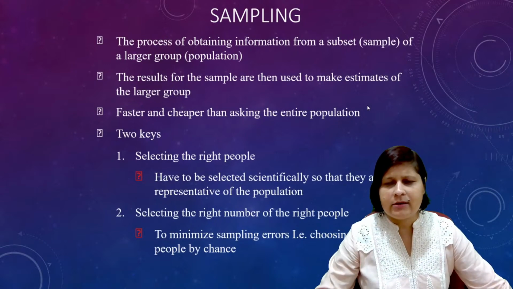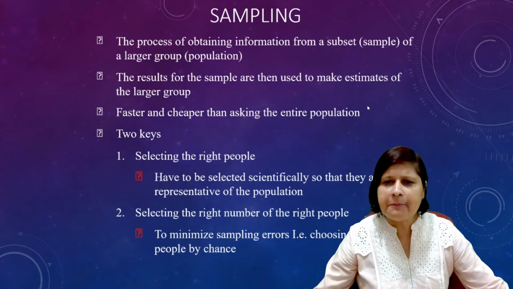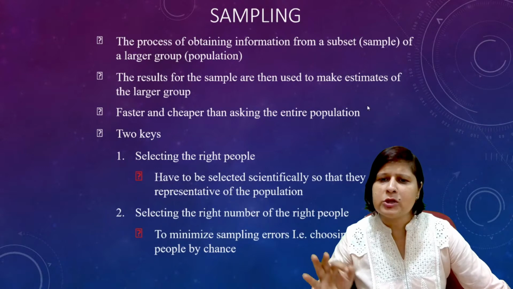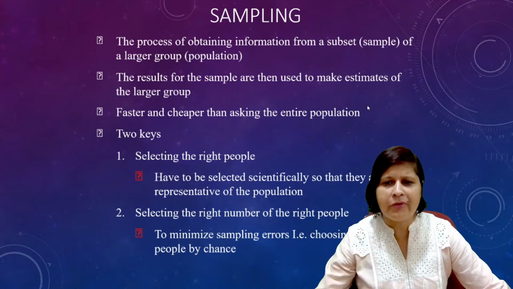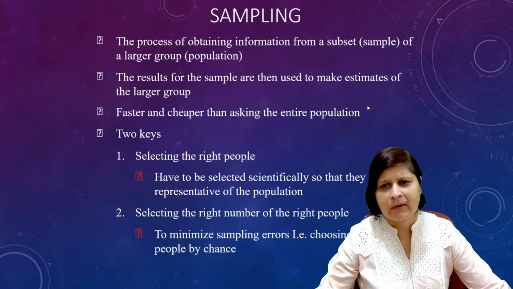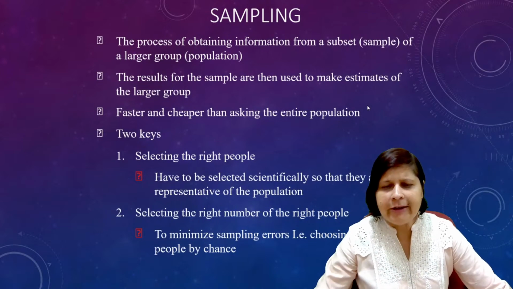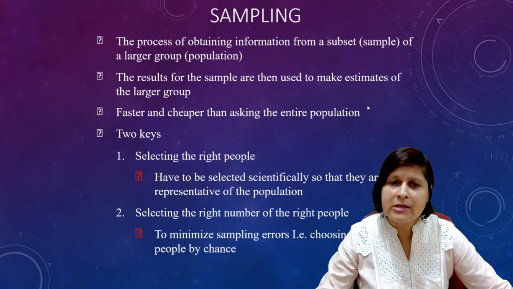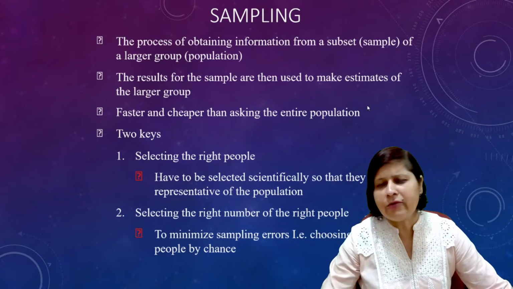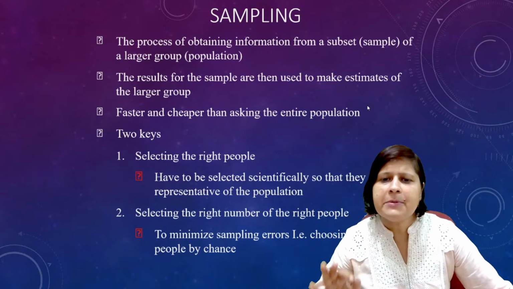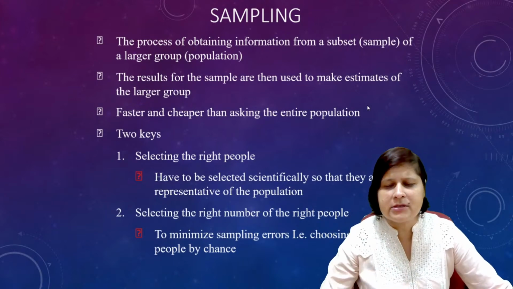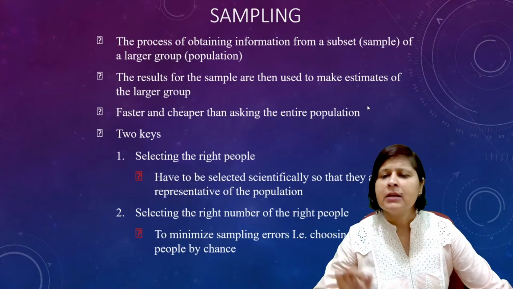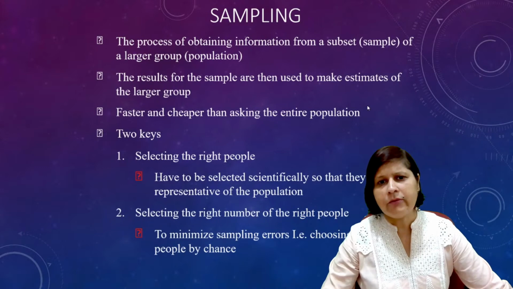Whenever we carry out our research, we carry it out at 90% confidence level or 95% confidence level. Value of p is 0.05 or 0.1. What does confidence level mean? 95% confidence level means there are 5% chances of error, 90% confidence level means there are 10% chances of error, or 99% confidence level means there is 1% chance of error.